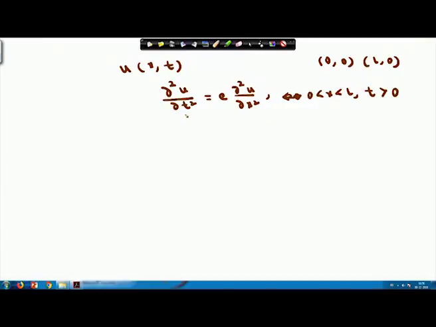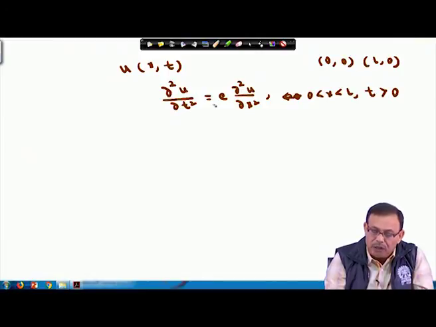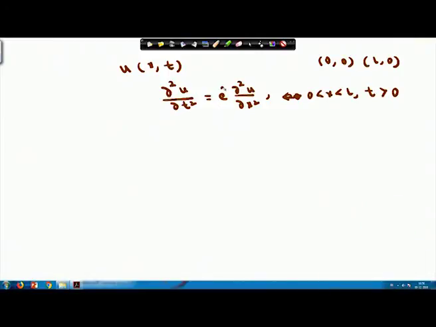So, your problem is now: displacement u(x,t) will be governed by this equation, del 2 u del t square equals c square into del 2 u del x square, where x will lie between 0 and L and t is greater than 0.